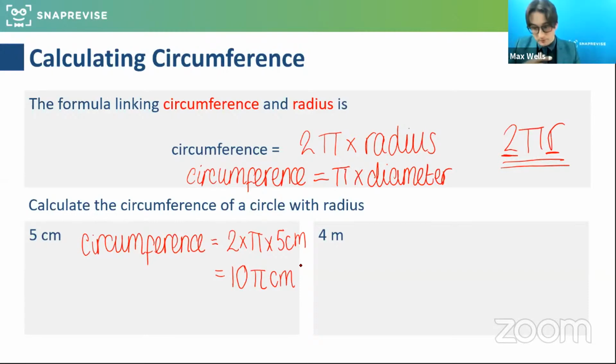And pi is approximately 3. So if you use the button on your calculator, excellent, lovely. Brilliant answers there, 31.4 centimeters. So if you wanted it to 1 decimal place, it would be that. If you wanted it in terms of pi, that would be the answer. And well remembered that we should use the units for the length. That was superb.